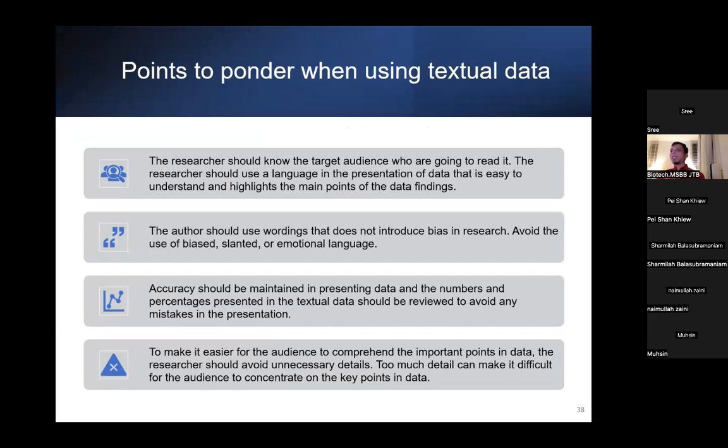All right, to make it easier for the audience to comprehend the important points in data, the researcher should avoid unnecessary details. Too much detail can make it difficult for the audience to concentrate on the key points in the data. That's why writing the textual part, you should have some art of doing it, right?